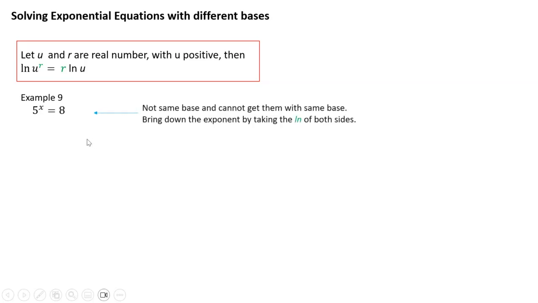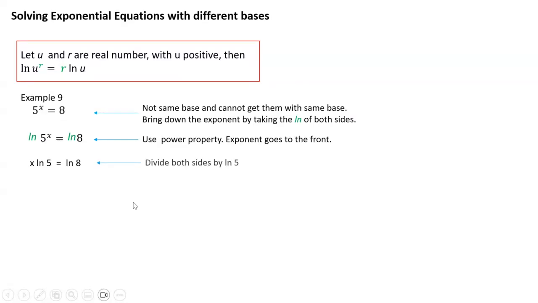So in this case, I'm going to take the ln of both sides. To apply the textbook's approach, these are not the same base, and we cannot get the same base, right? That's why we use the ln. So I take the ln of both sides. The exponent goes to the front. We divide both sides by the ln of 5.